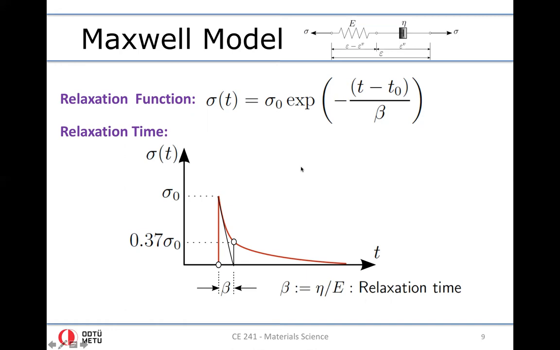For this exponential function, we can also observe that when t minus t0 is equal to the relaxation time, the sigma value becomes approximately 0.37 times sigma 0. That means the relaxation time for the Maxwell model also refers to the time at which about 63% of the stress is relaxed. So this is what this exponential function essentially says.